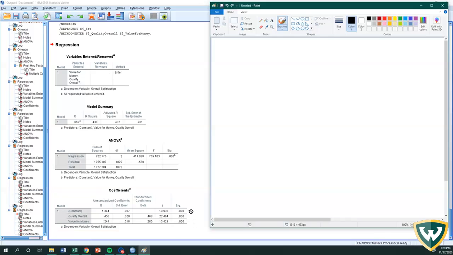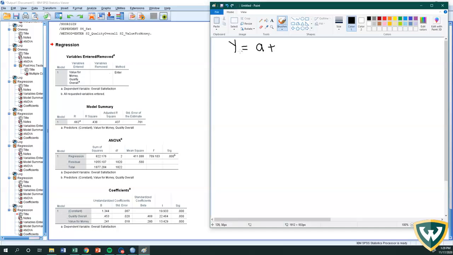And I would drop these out of my equation if they were not statistically significant, because as a researcher, I look at the trimmed regression equation, and I usually do not include anything that's not statistically significant. In this case, my coefficients are all statistically significant, so I'm going to include them all.